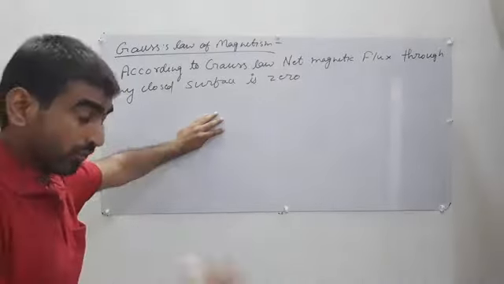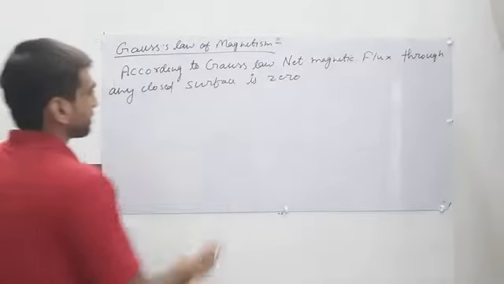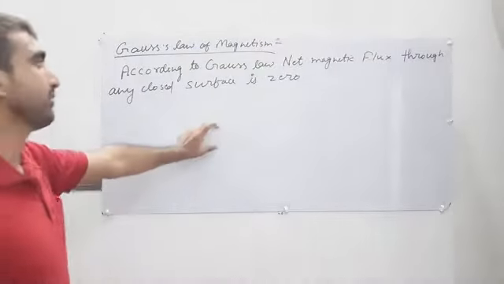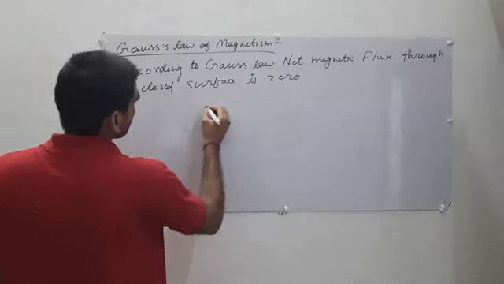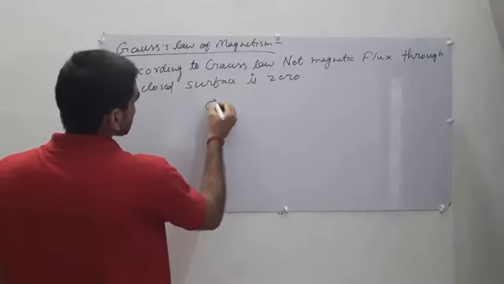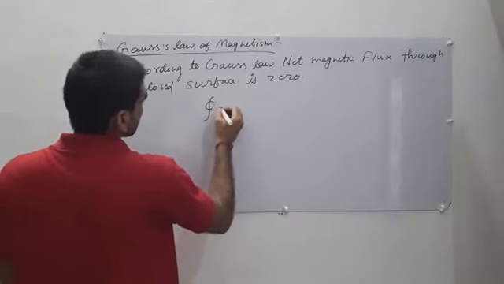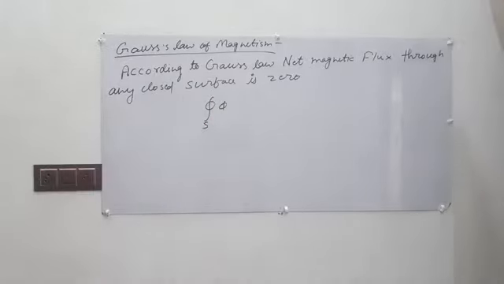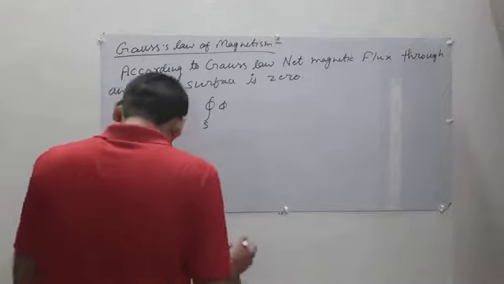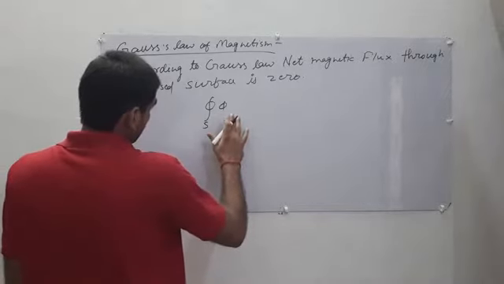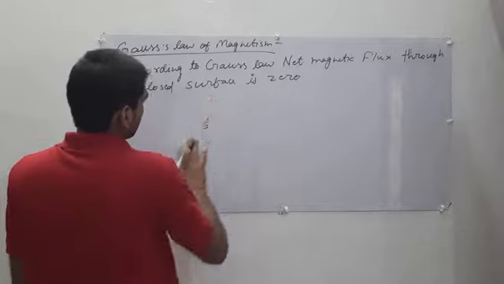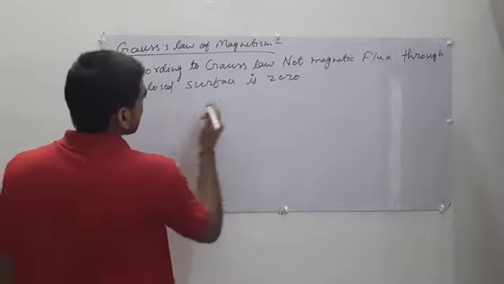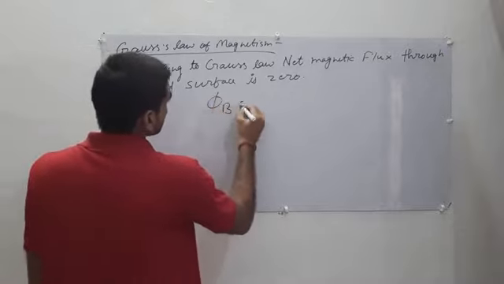We can also represent this statement in a mathematical way: the summation of phi, the total magnetic flux, that means phi b equals 0.